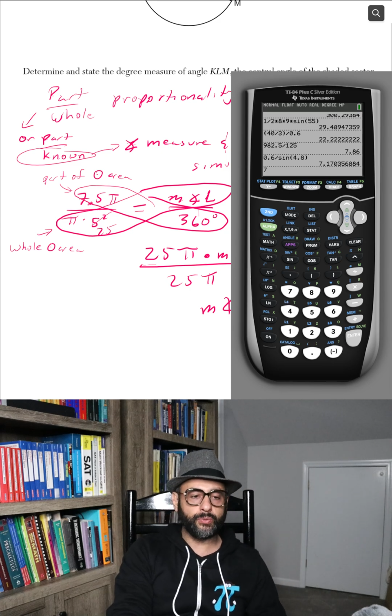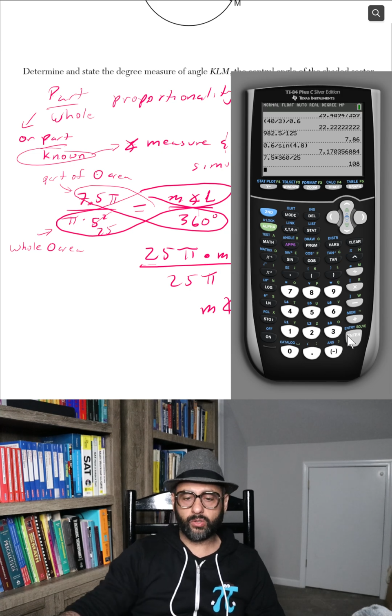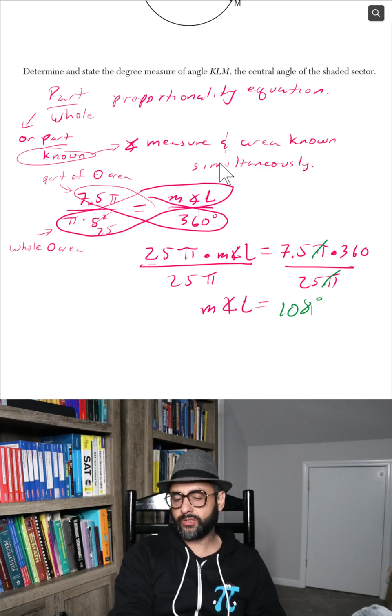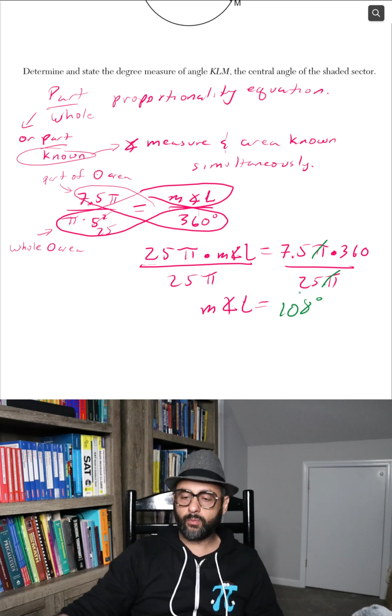So I can do it, but I'm not going to. 7.5 times 360 divided by 25. And I get 108. Let's minimize this, and we get that 108 degrees. And so we got the answer. That's it, 108 degrees. We circle that.